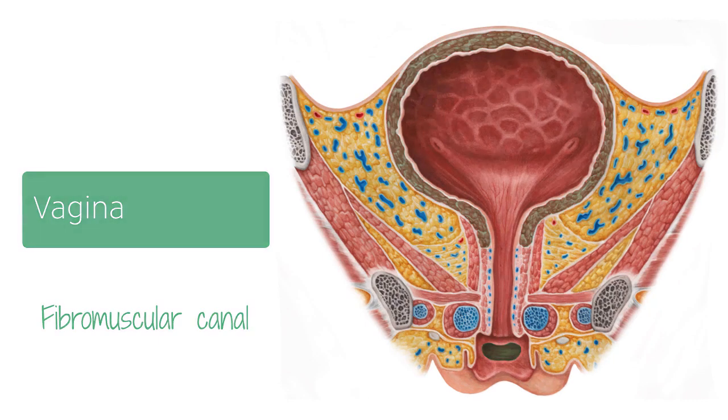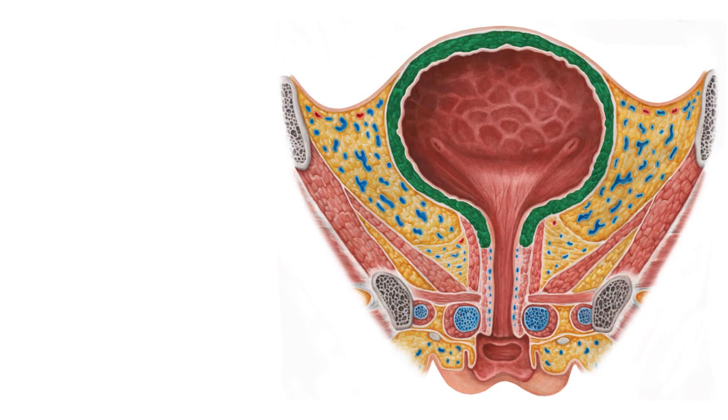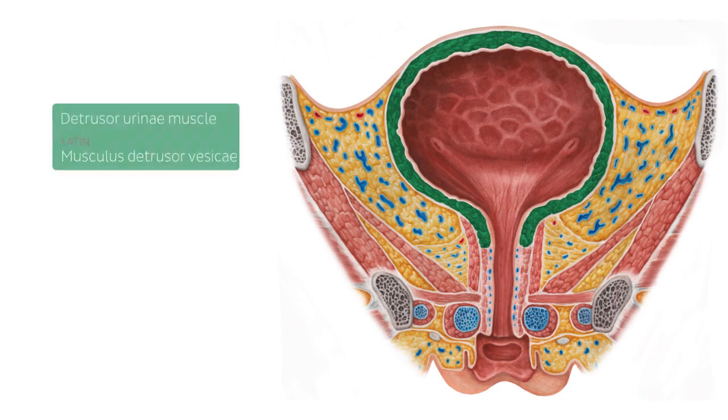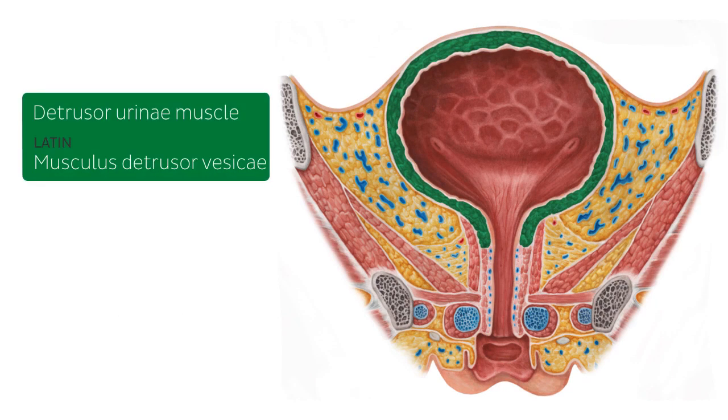The next structure or muscle that we're going to be highlighting here is known as the detrusor urinae muscle. Now we're going back to the urinary bladder, where we'll look at the muscles of the bladder, starting with this one here. The detrusor muscle of the bladder, also referred to in some texts as the muscularis propria, is a true muscle of the organ of the urinary bladder.